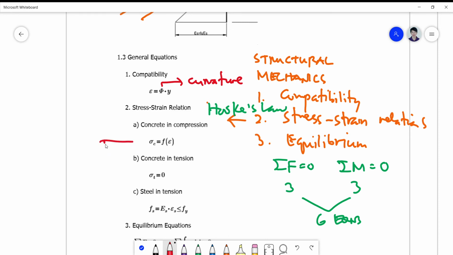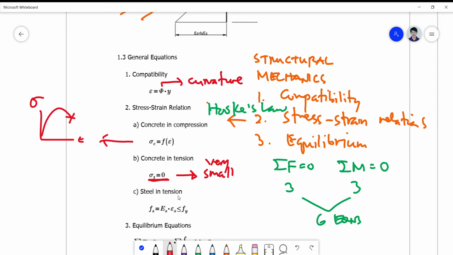For the stress-strain relation, we know that concrete in compression is simply a function of strain. So this again will go to the graph of your concrete: stress, strain. And we know that the tension of concrete is very small, such that this is assumed to be zero.